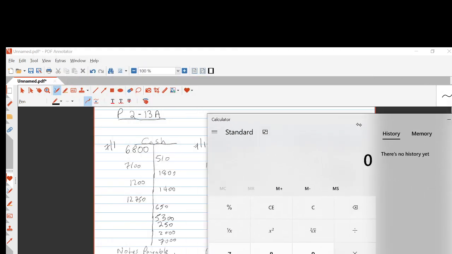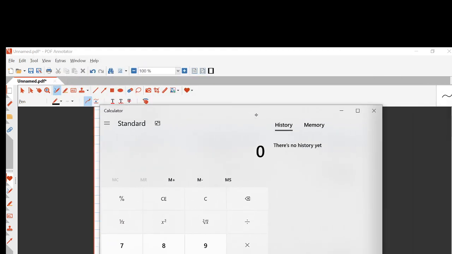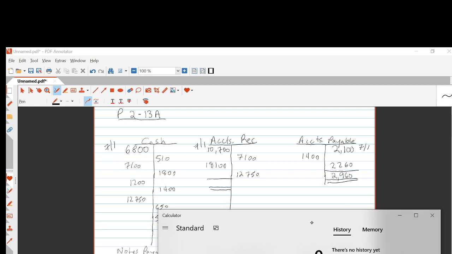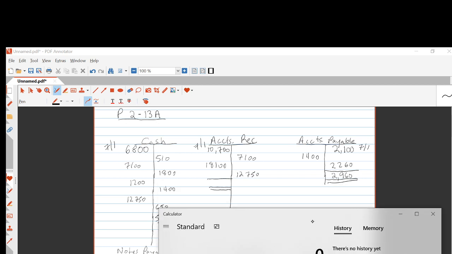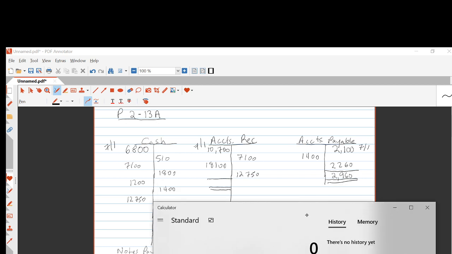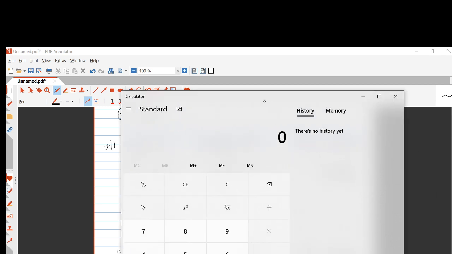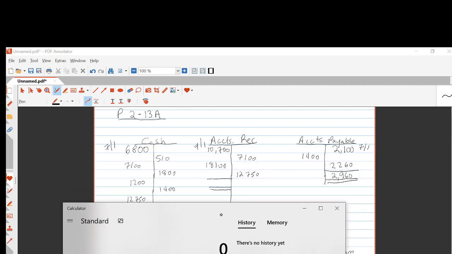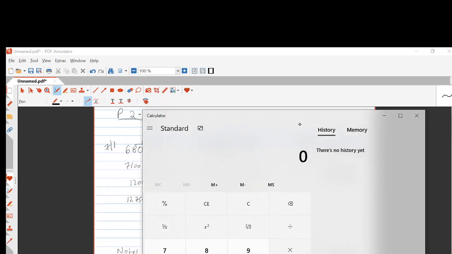So for accounts receivable, we need to update our 10,700 plus 18,100 minus 7,100 minus 12,750.